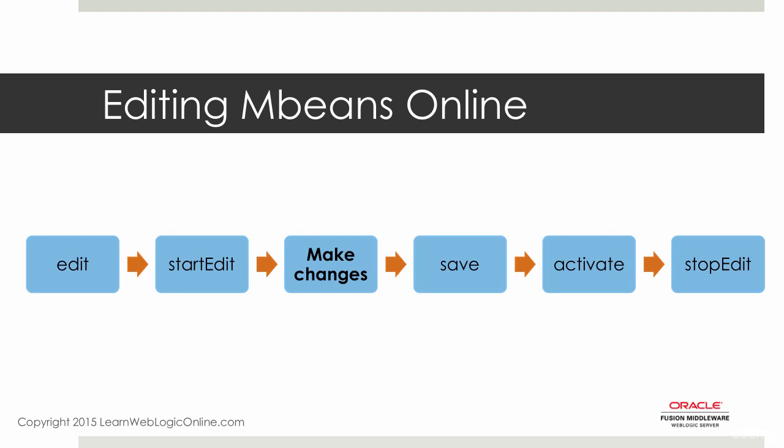What this does is it gives you exclusive rights to make changes to that domain, and anybody else logged into the admin console would not have exclusive rights to edit that domain. Now, this only works if you are not sharing administrative accounts. If everyone's using WebLogic 123, then that lock is specific to that account, so somebody else could stomp on your changes.